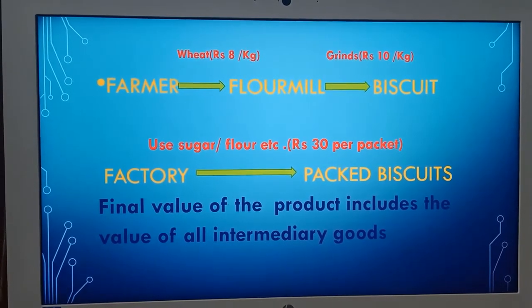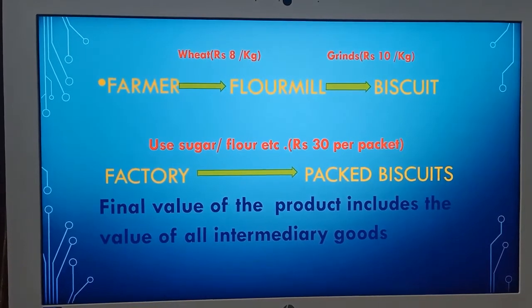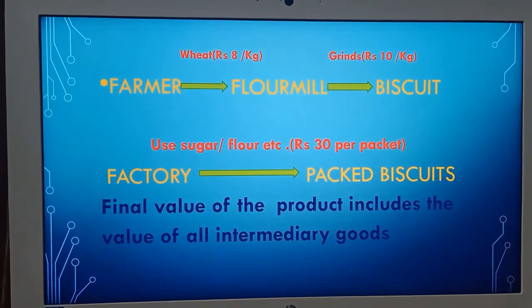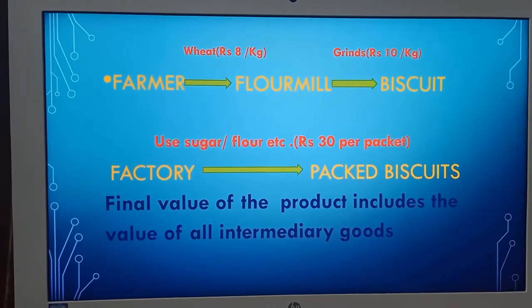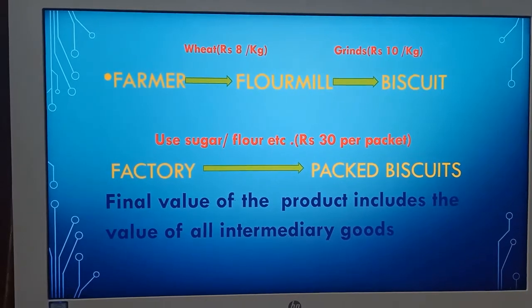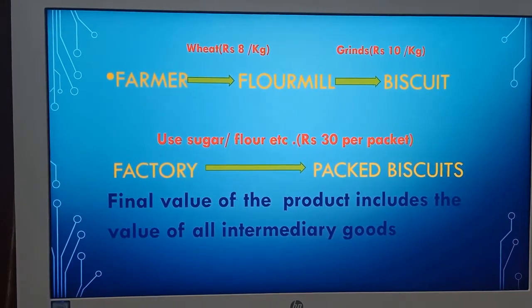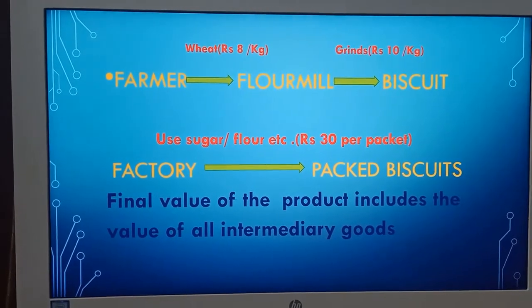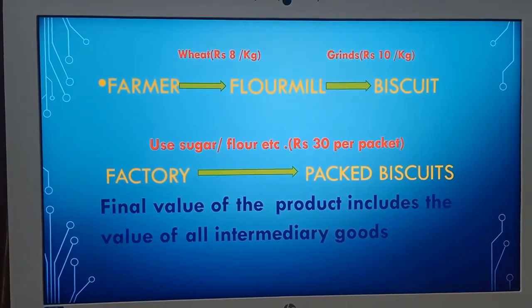And this biscuit factory uses the flour, sugar, etc. to make biscuits and finally provides these packed biscuits at the rate of rupees 30 per packet. What does this mean? This means wheat is added as an ingredient in all the 4 steps.